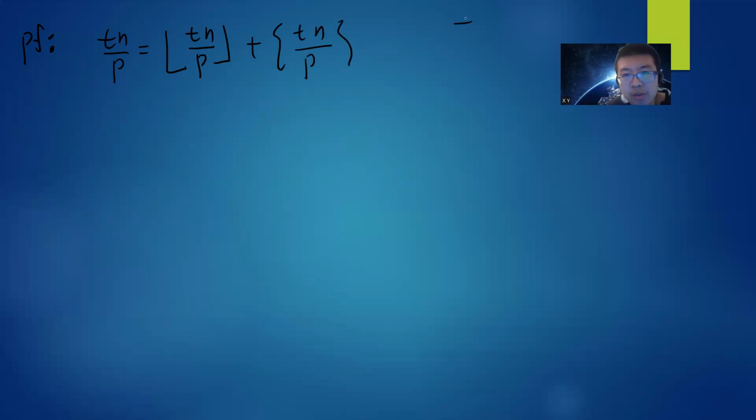Okay, so the proof. The proof goes as follows. I can write tn over p as the integral part plus the fractional part. So these fractional parts will be forced to be between 0 and 1.